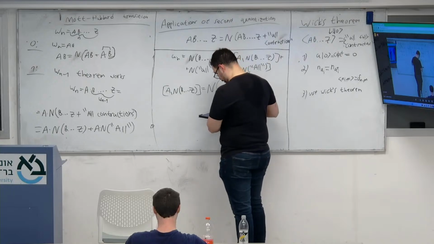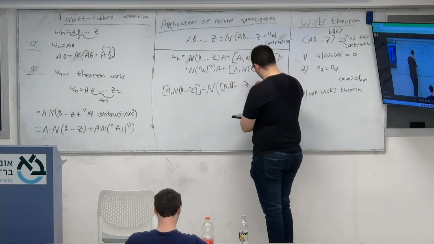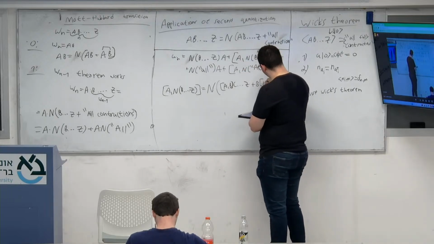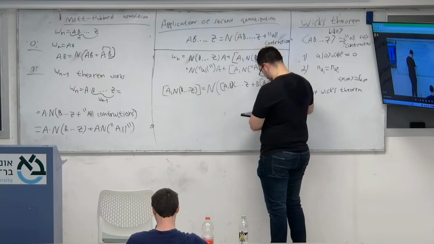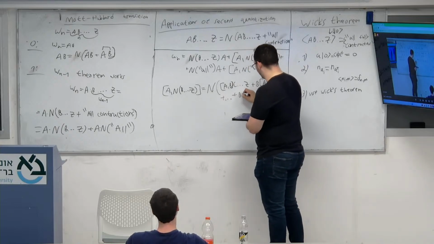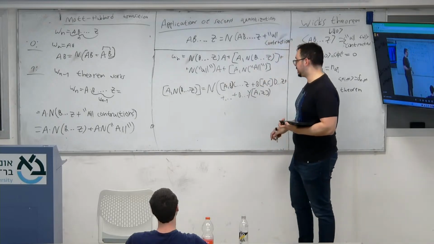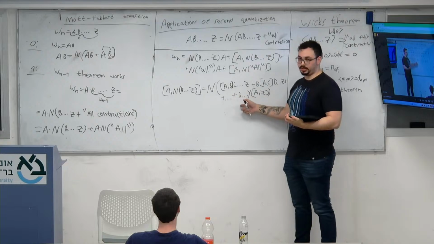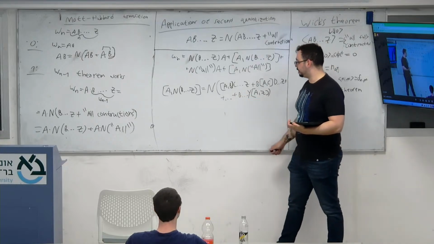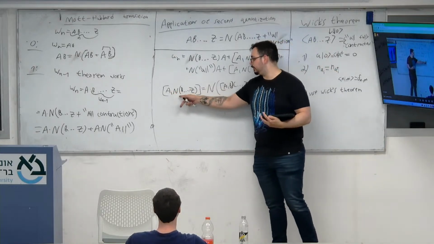Sorry, let me do it a little bit differently: the commutator of A with B C to Z, plus B, A C, D to Z, plus and so on. I did two different actions here. First of all, the equation you see down here is a known equation for the commutator of one operator with multiple terms.